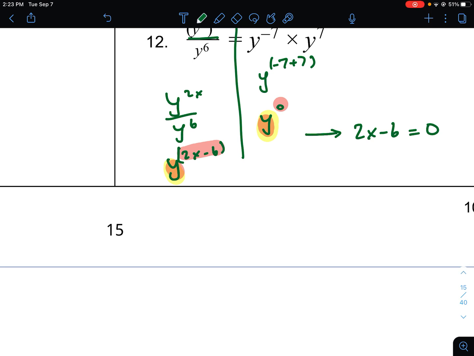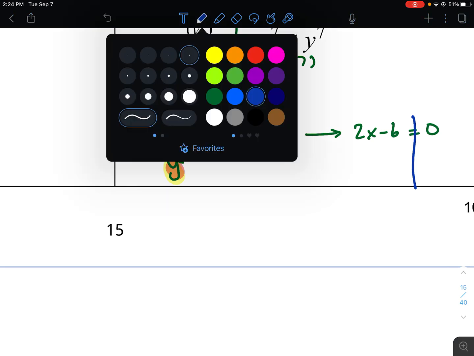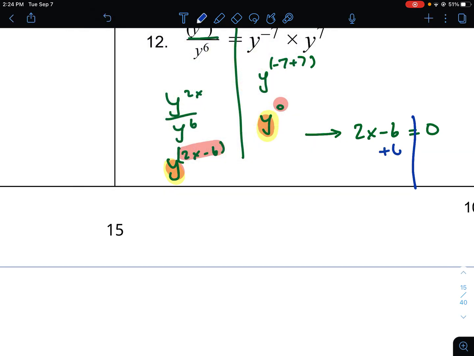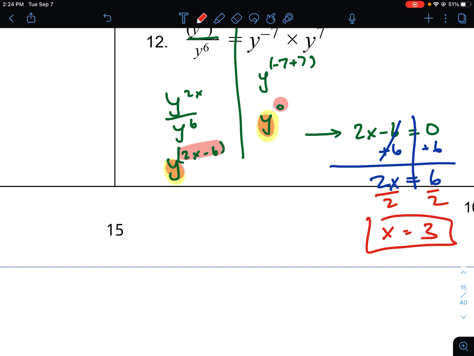So how do I solve this equation? Well, you start by adding 6 to both sides. That cancels. You're left with 6, equal sign, and 2x. 2x equals 6. What does x equal? Well, you divide both sides by 2, and you get x equals 3. And that's going to be our answer.